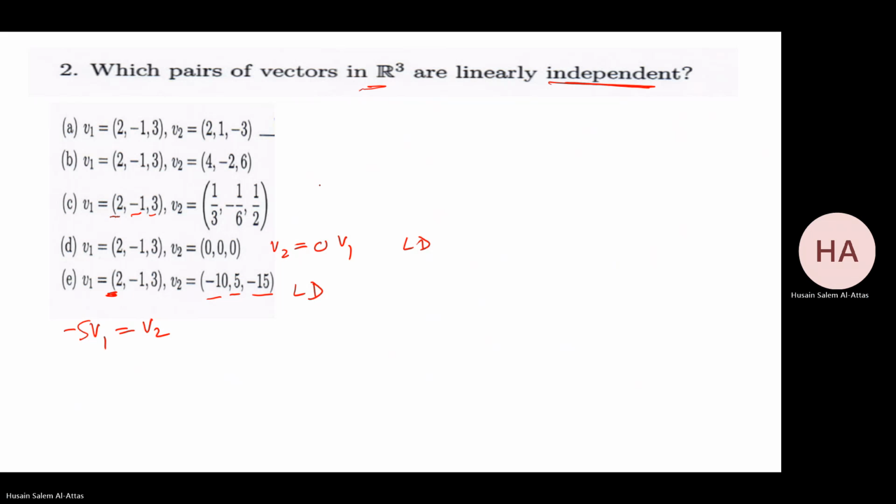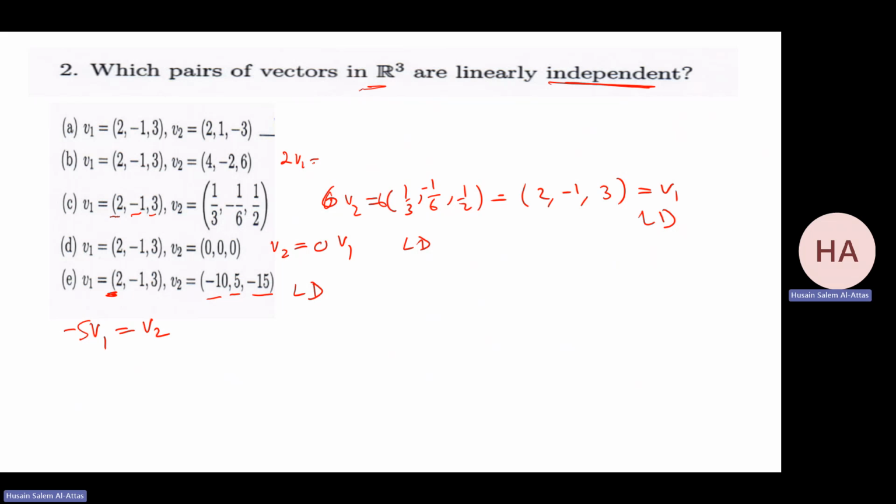So, the other way, 6 V2 will be 6 times those numbers, which is 2, -1, 3, which is V1. Or we can say V2 is 1 over 6 V1, it's okay. So they're linearly dependent. This one, very clear, 2 V1 is equal to V2.